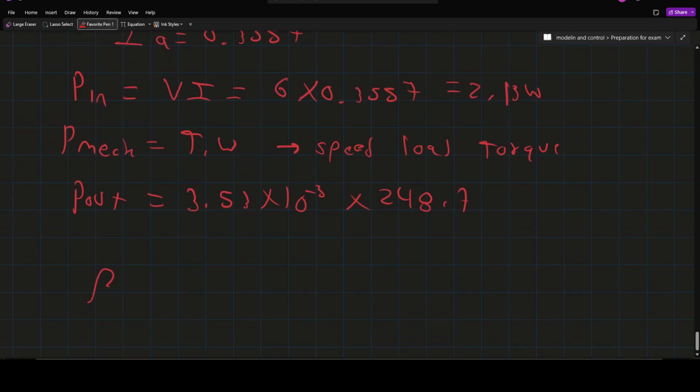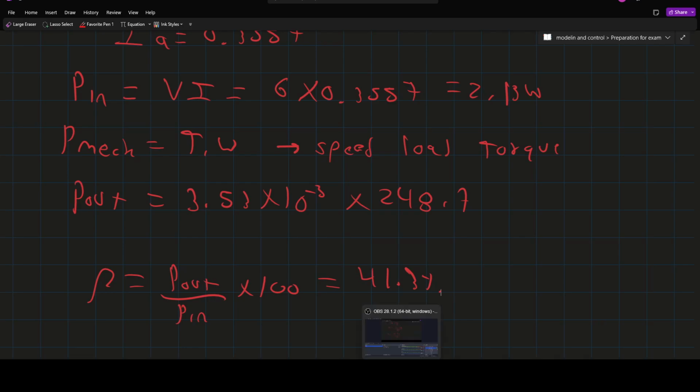Our efficiency is going to be our power out over our power in times 100%, and this is just going to be 41.3%. I hope this helps.